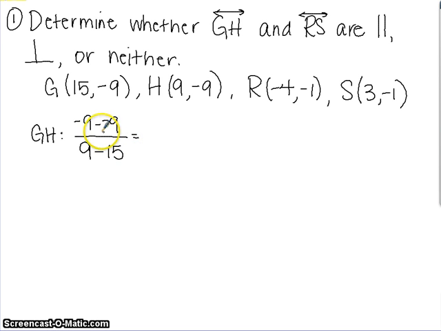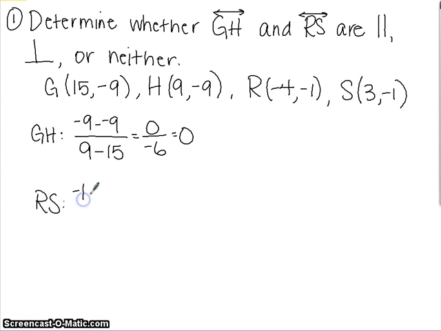This is like plus 9. So we get -9 plus 9, that gives us a 0. 9 minus 15, -6. Well, 0 divided by -6, that's just 0.